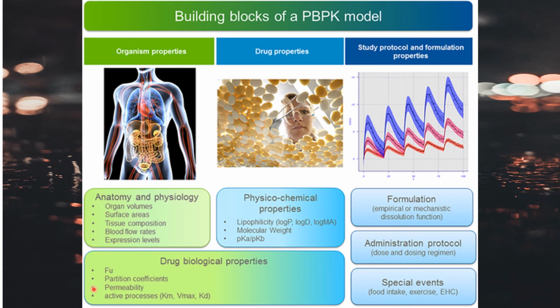Similarly, unbound fraction, partition coefficient, and active processes like Km, Vmax, and kcat, which are known in the literature. You can add these values as well. Along with this, other information needed is formulation properties like dissolution function, and so on. The administration protocol and special events could also be added.